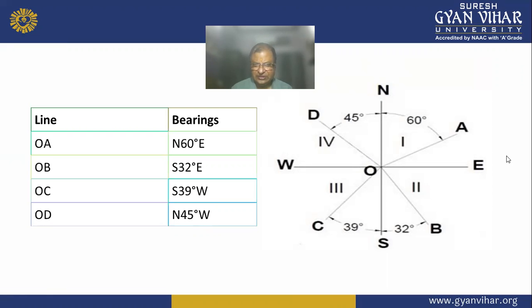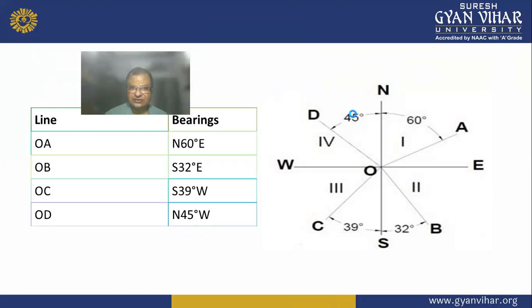Like that, OB: this is 32 degrees, so what will you tell? S 32 E, 32 degrees measured from the south. Now OC: S 39 W. And OD is N 45 degrees W. So this is the line and bearing.